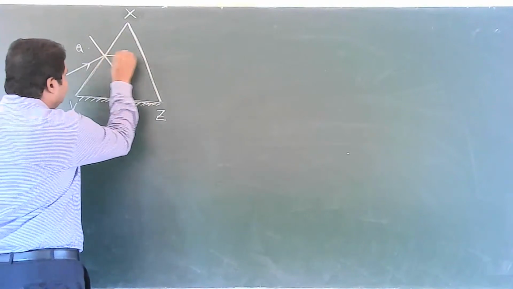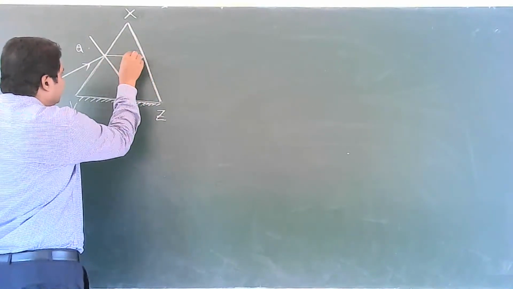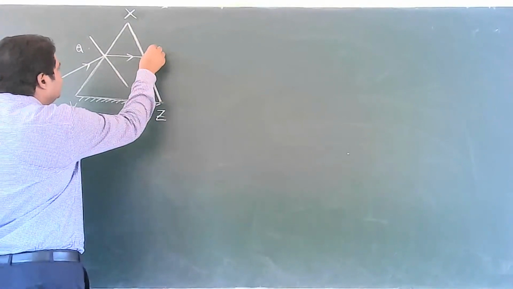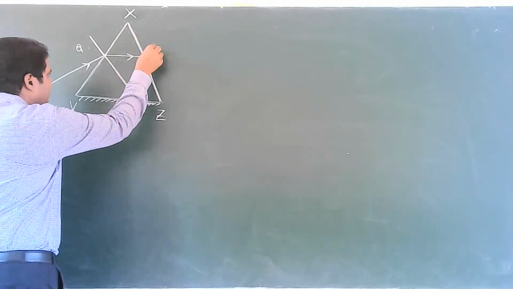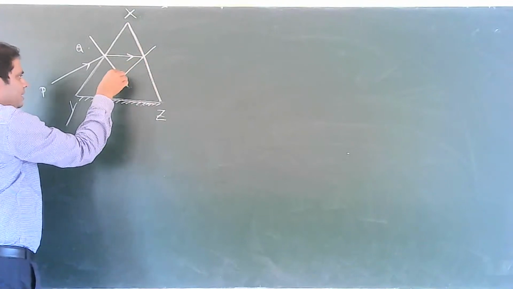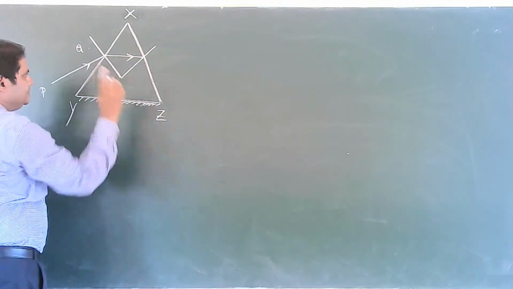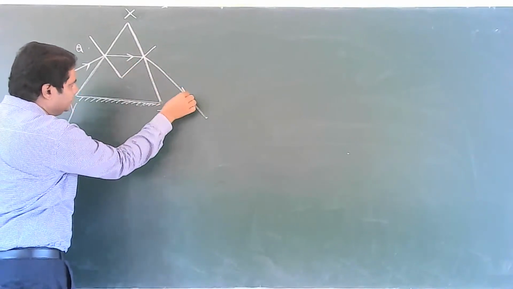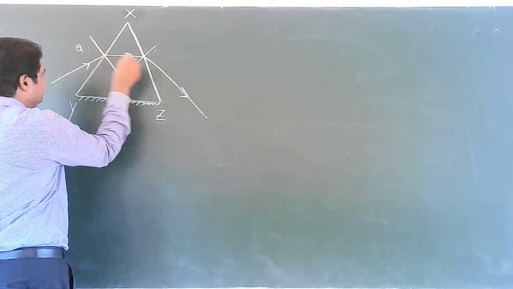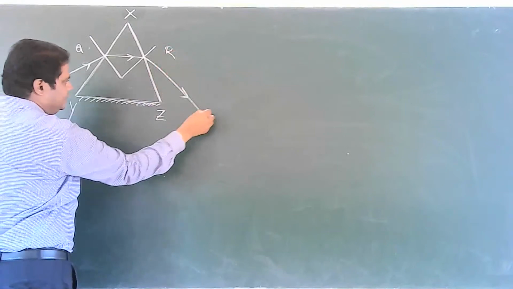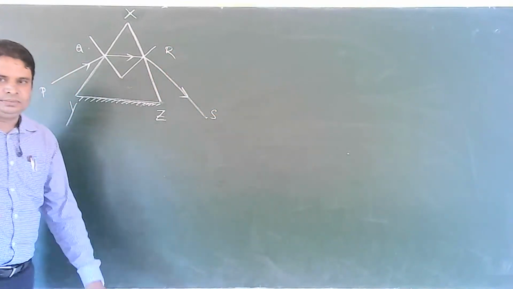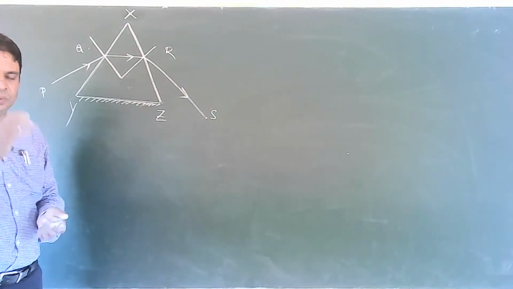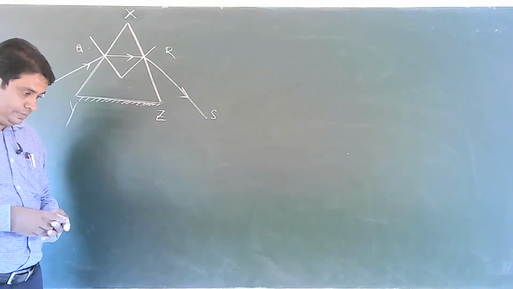After refraction, we know light will travel in this fashion, and let me draw one more normal here. Finally, this is PQ, this is R, and this is S. This is the emergent ray.